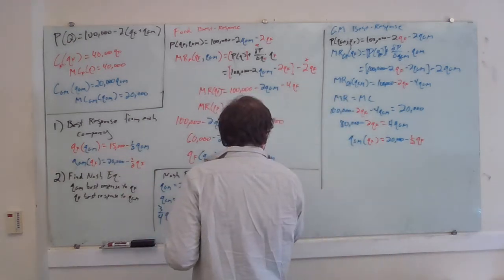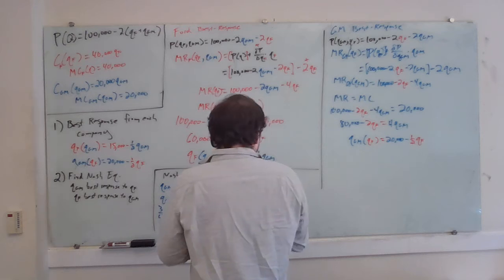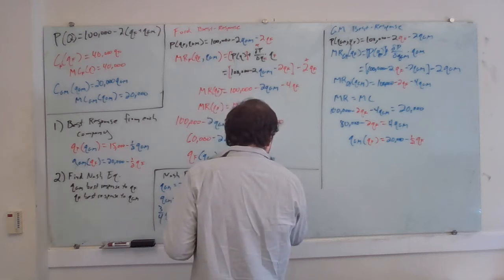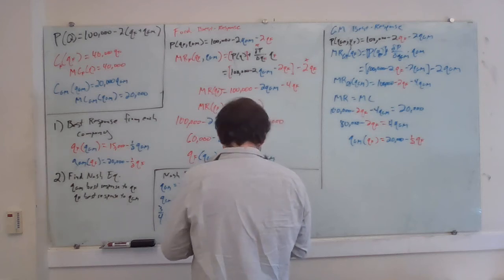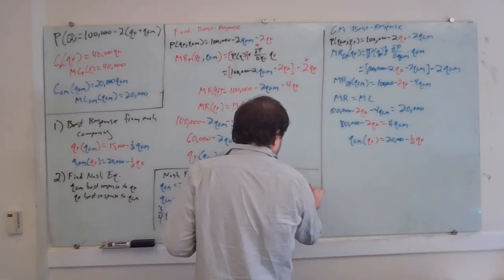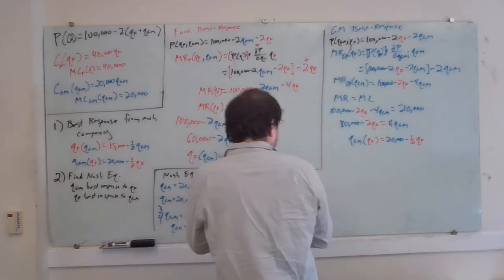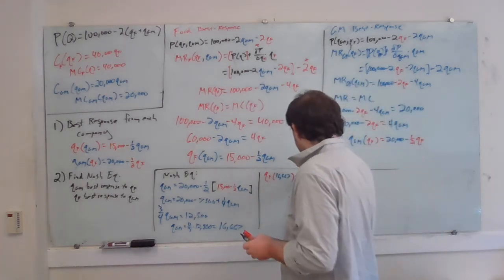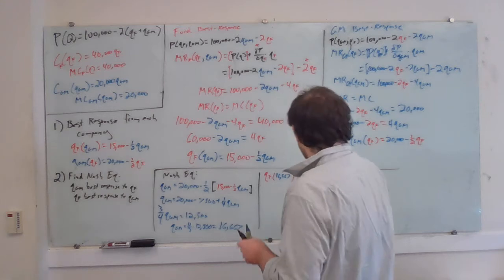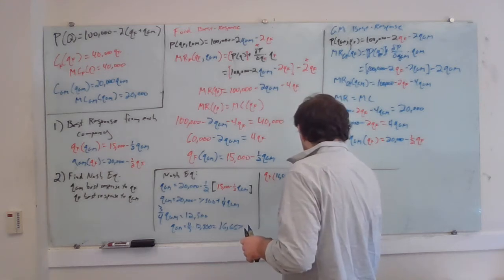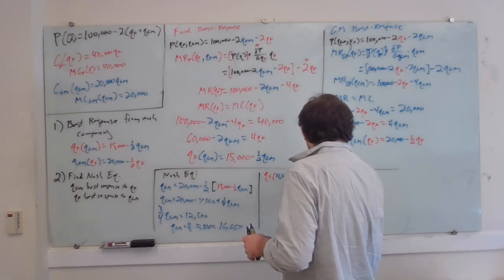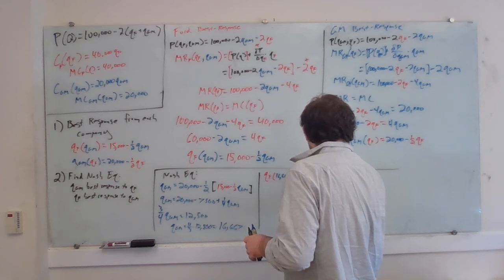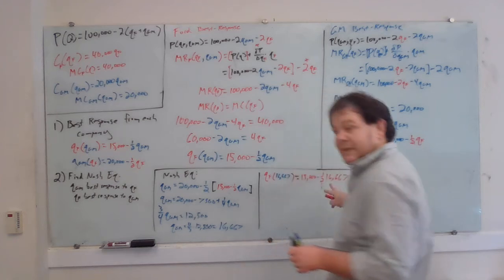So we can say QF in response to 16,667 has to equal 15,000 minus 1/2 times 16,667. Make sense?